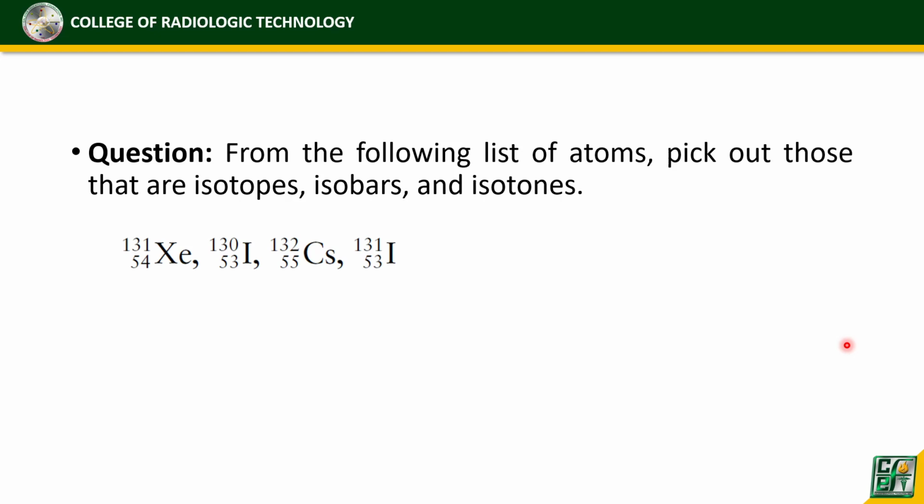Okay, so question. You have to do this, okay? From the following list of atoms, hanapin nyo or i-identify nyo kung alin dyan ang isotope, kung alin dyan ang isobar at isotone, or kung may isomer ba. Okay, so we have these four elements.